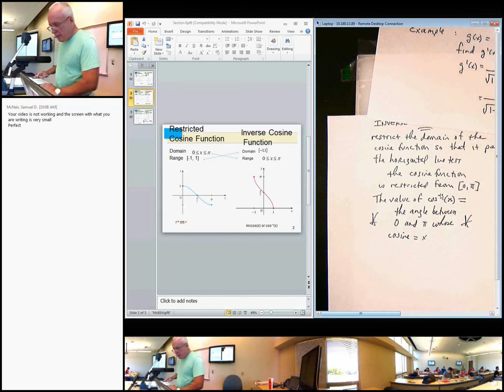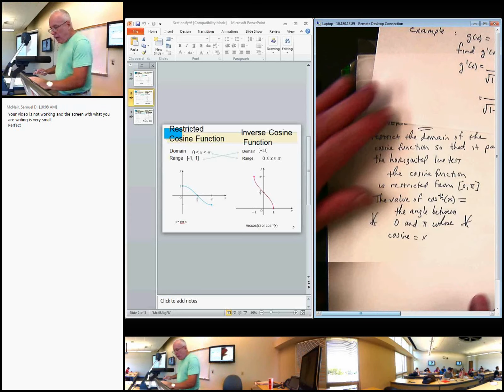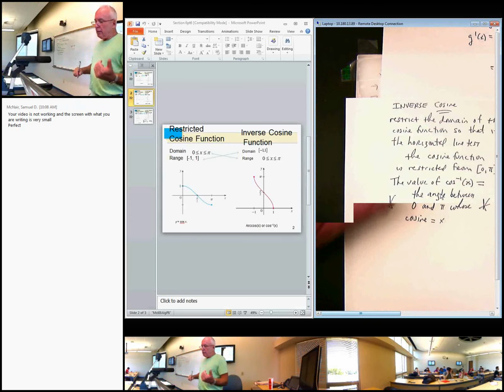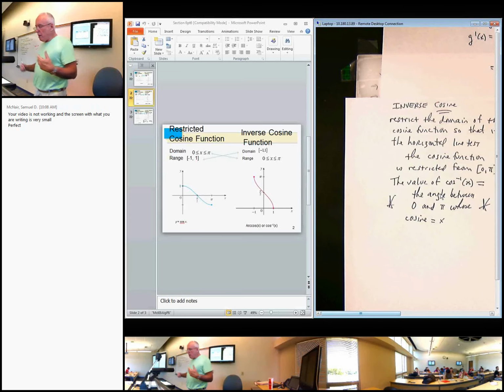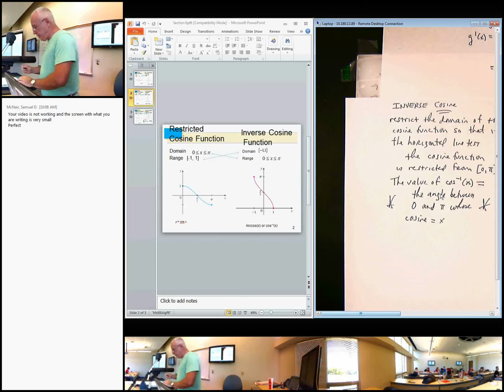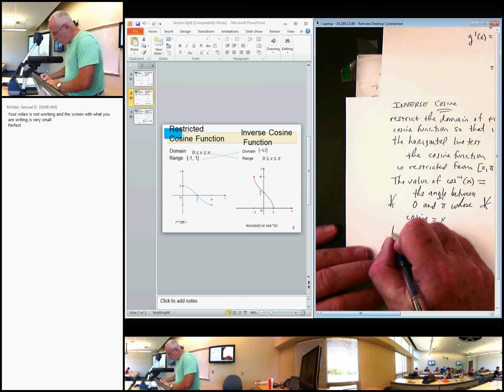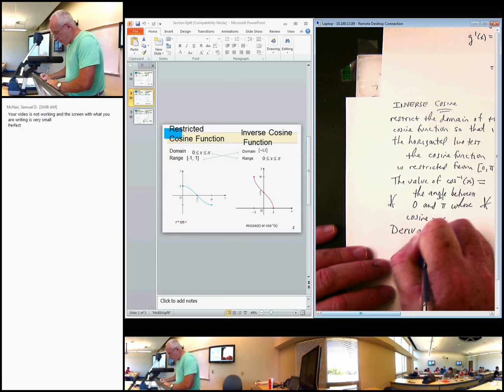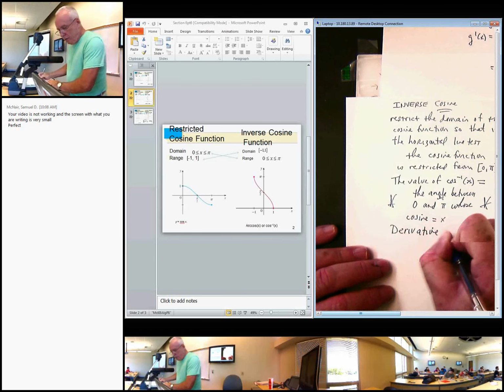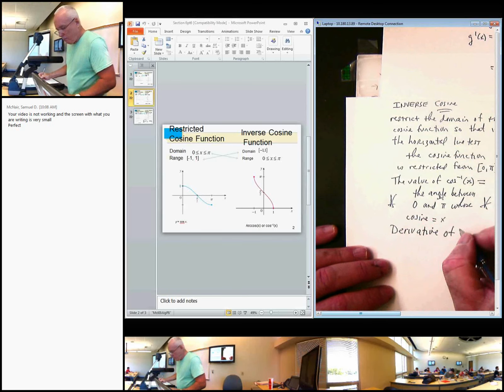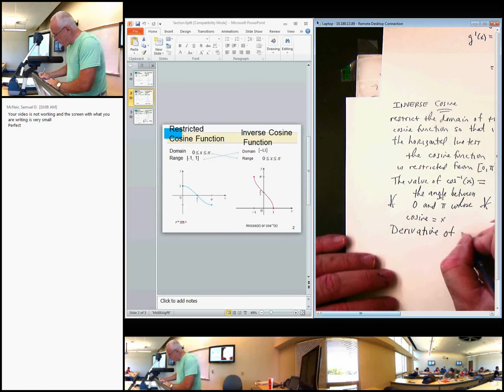Okay. Now, I'm not going to go through the trig examples like we did before. I'm going to jump right to the derivative here. Derivative of the cosine inverse of x.